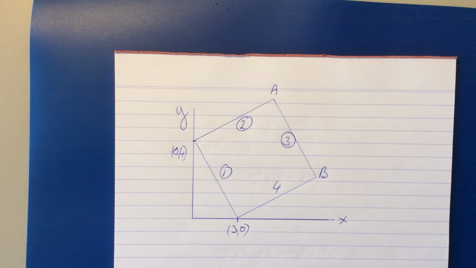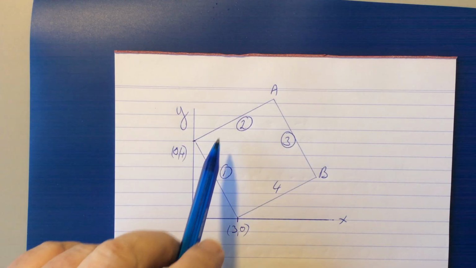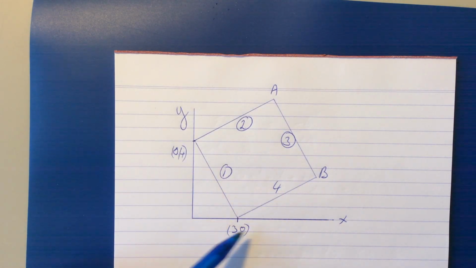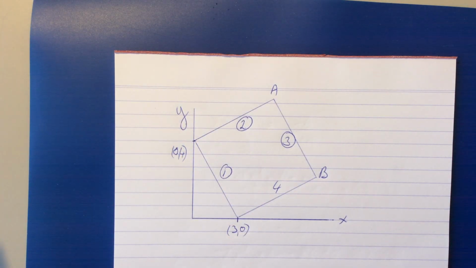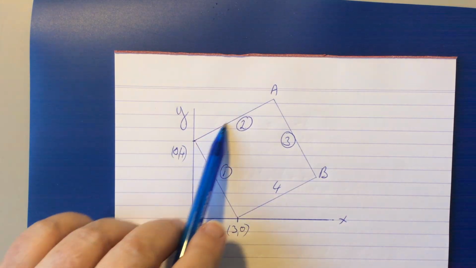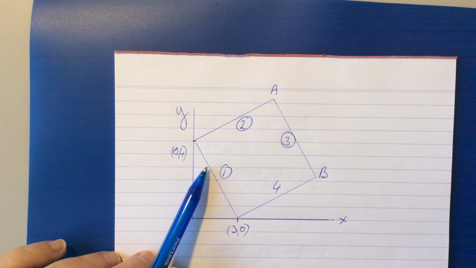Today we have a rather interesting problem, but I guess I would say that. We have been asked to find out a number of things about the object that you see on this XY plane. We are told that this is a square.